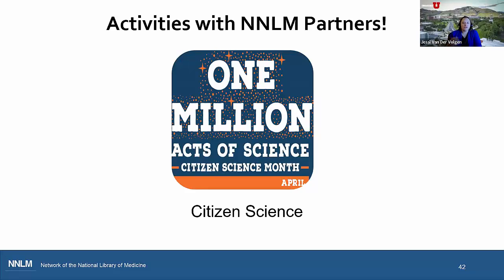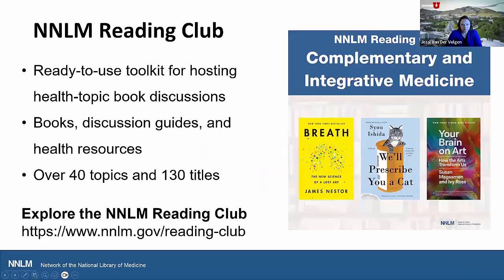They have a directory of projects that members of the public can contribute to, like bird and insect counts, light pollution, animal behavior, and some gamified research on Alzheimer's disease, and many, many more. Each April, there's Citizen Science Month, and there are a number of activities that you can host or participate in at your library.